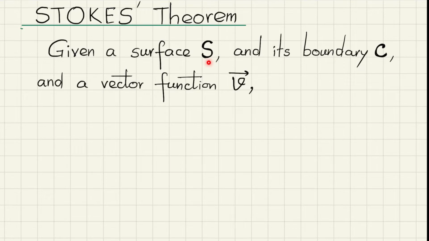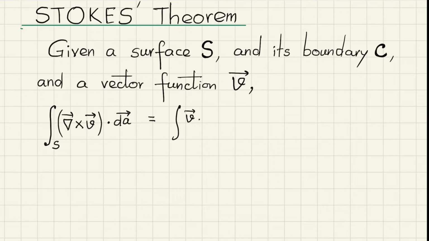Given a surface S, which is defined by its boundary curve C, and a vector function V, what Stokes' theorem tells us is that if you take the curl of the vector function at each point and then calculate its dot product, that is the flux of the curl through dA over the whole surface S, then this is equal to the function evaluated along the curve bounding the surface, V dot dl, for the whole curve.